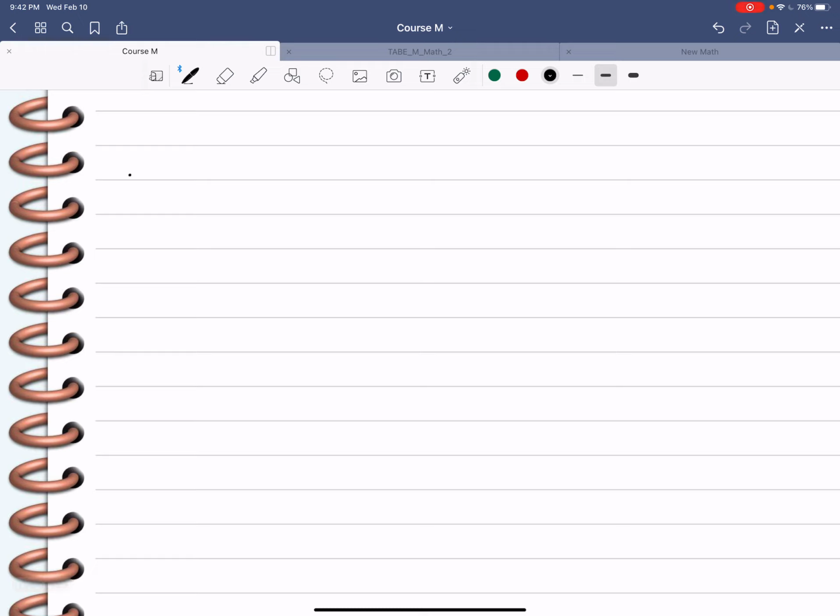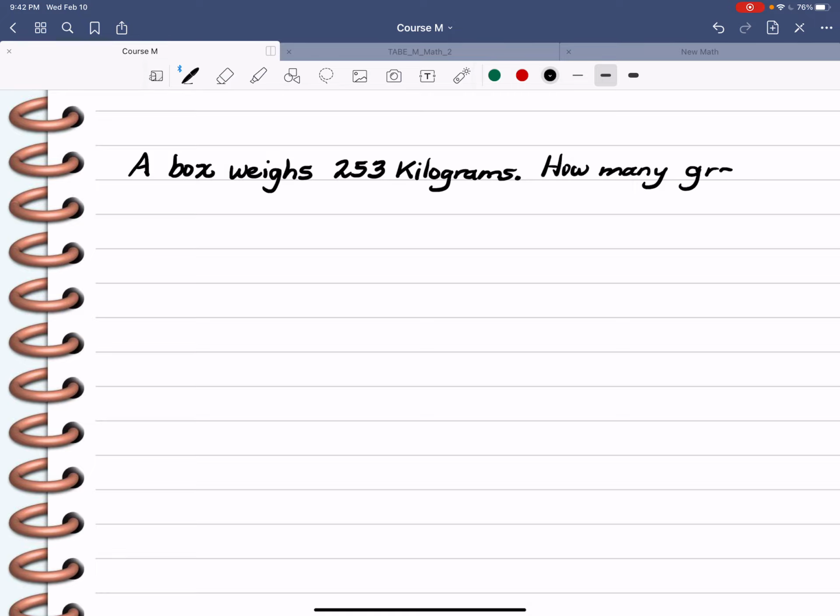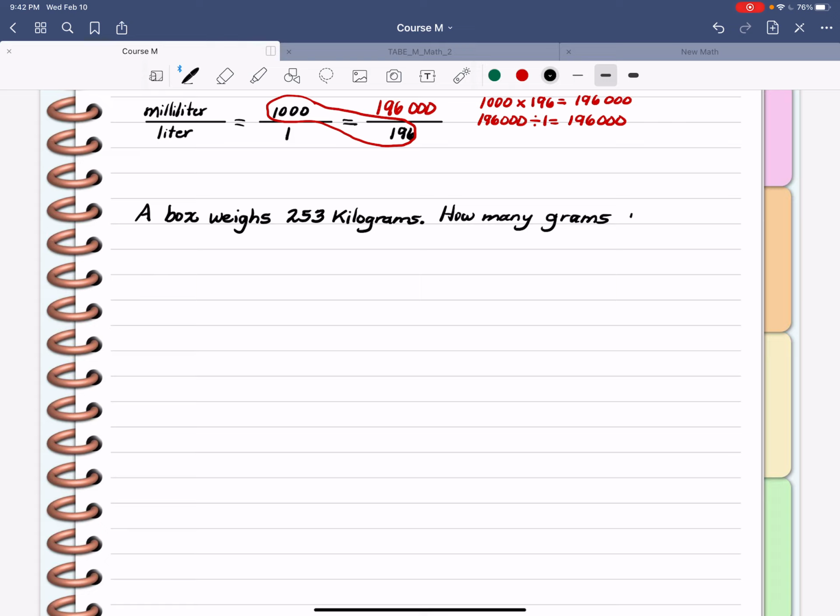Okay, let's do a word problem. A box weighs 253 kilograms. How many grams is this?